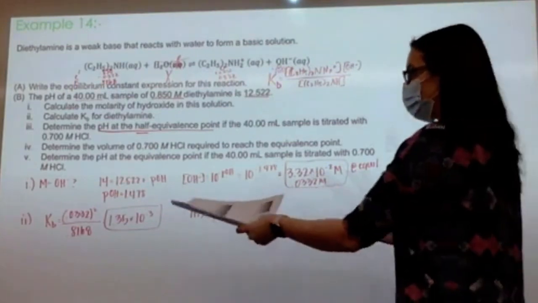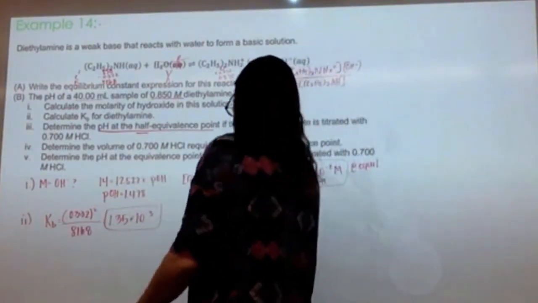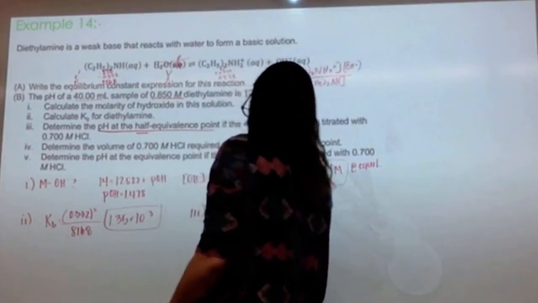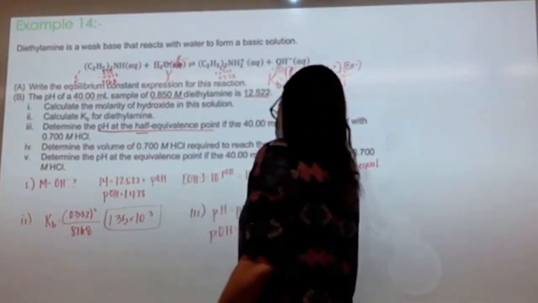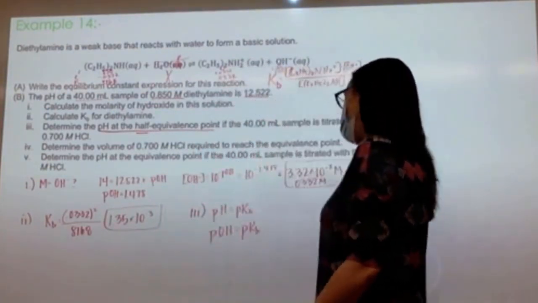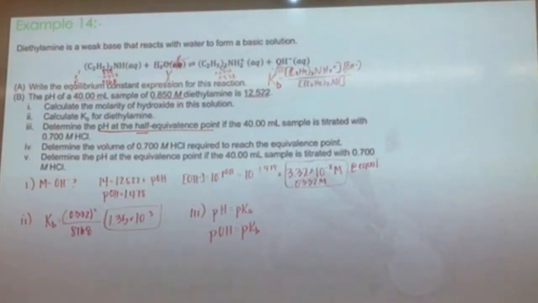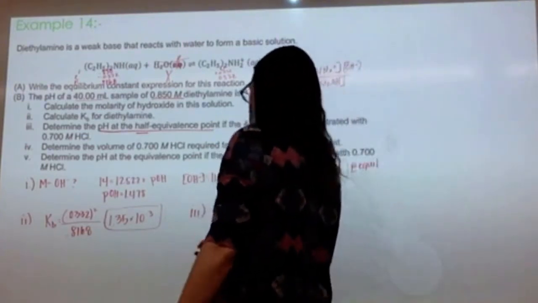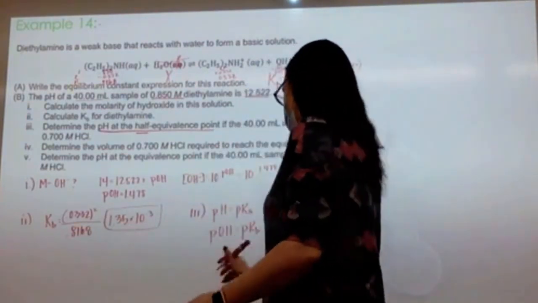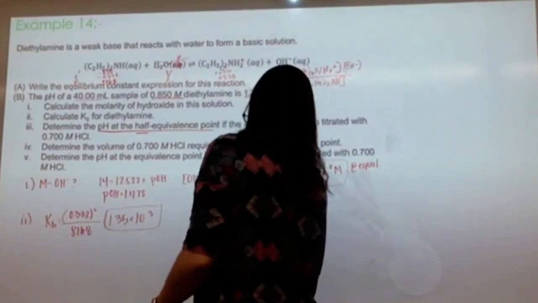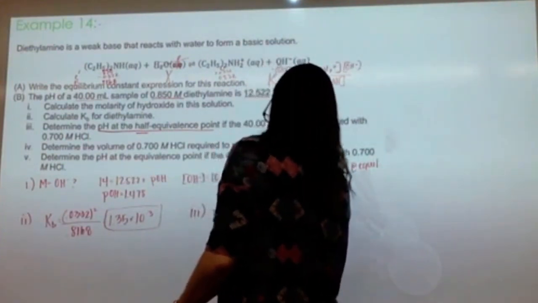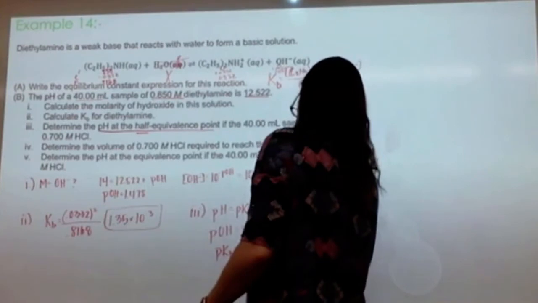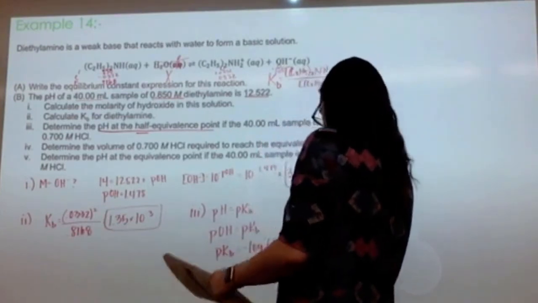We just solved for Kb. So if we're working with a weak base, we also know that pOH equals pKb. So if you found the pKb, take the negative log of this: negative log of 1.35 times 10 to the negative third.